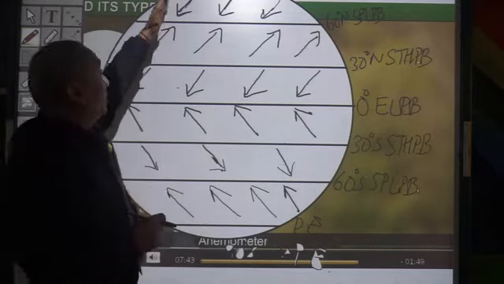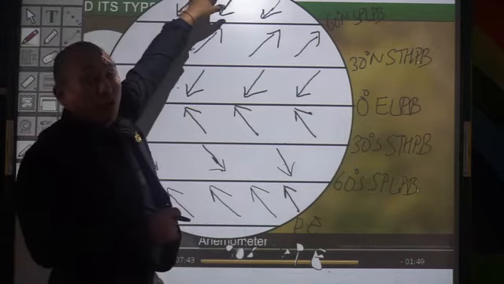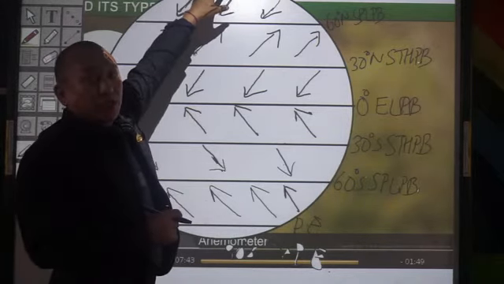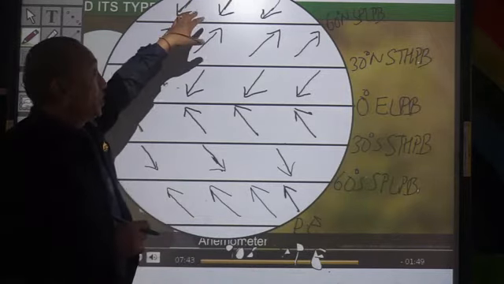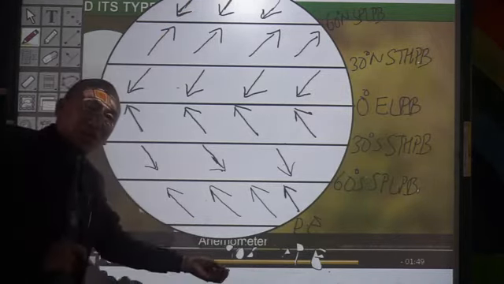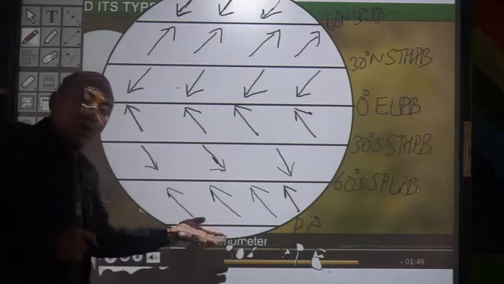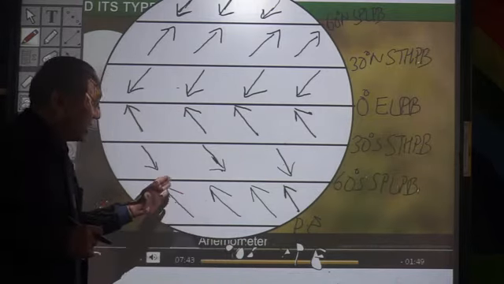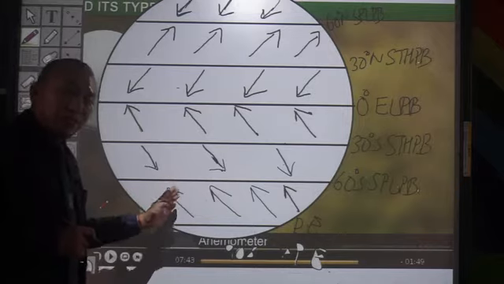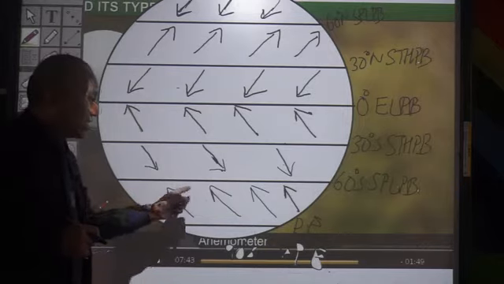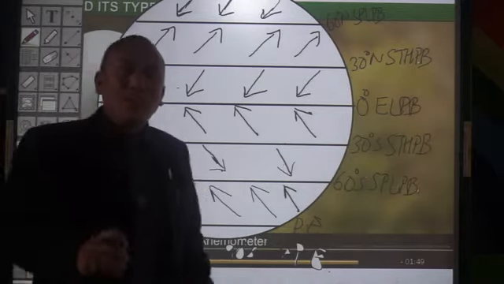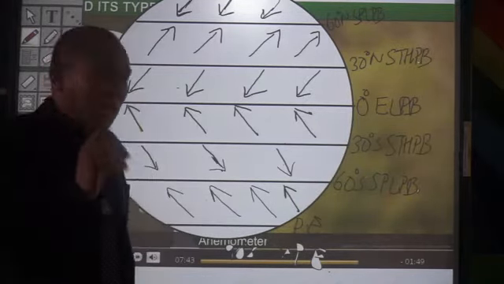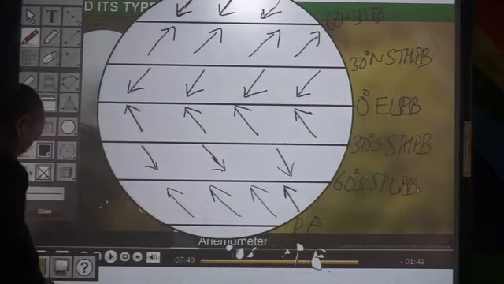And then we have the polar easterlies, which blow from 90 degrees north towards the 60 degrees north subpolar low pressure belt, and also from 90 degrees south towards the 60 degrees south latitude, the subpolar low pressure belt, constantly. So these are the polar winds that blow constantly in the same direction.